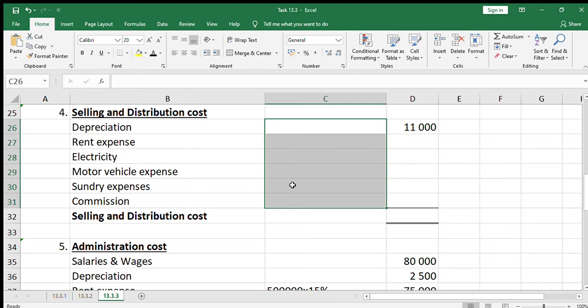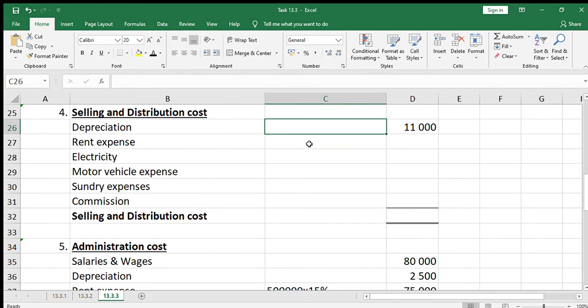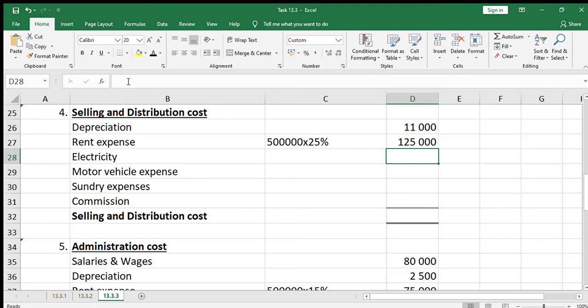So we're going to go to rent expense, we're going to take our 500,000 and multiply it by 25%. So 500,000 times 25%. For rent expense, we're going to put the answer in. So 125,000.